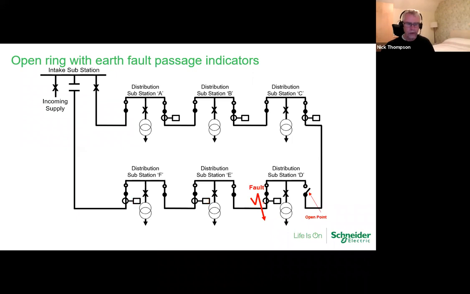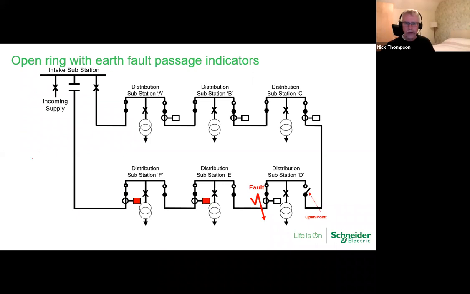But once the circuit breaker has tripped, the LEDs will start to flash, and they will flash for a period of time because the onboard battery will only last for so long. So it'll be pre-programmed to flash for say 4 or 6 hours, after which it will shut the LEDs down to preserve battery life. It could also be that once we've restored the network, the earth fault passage indicators will re-energize themselves.